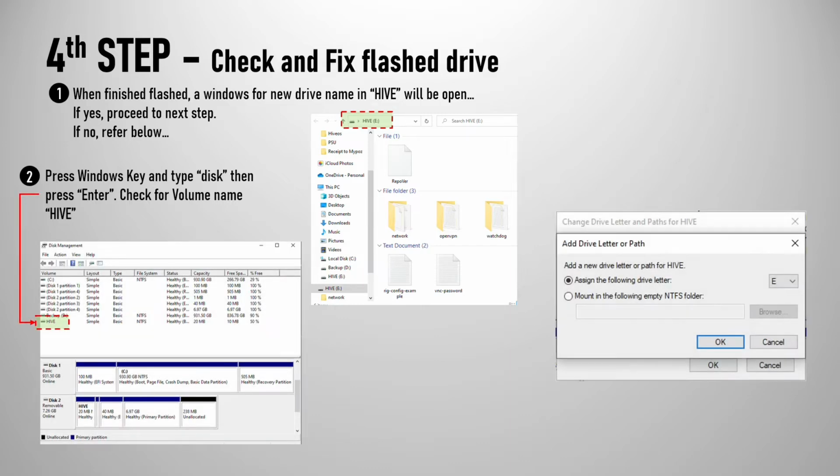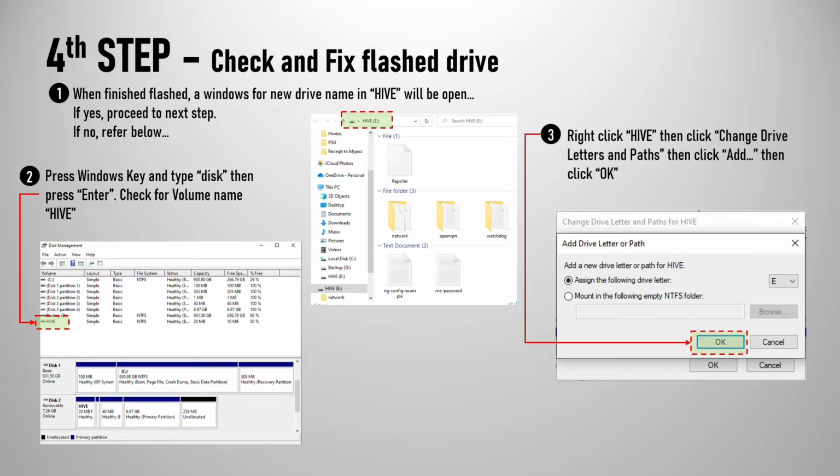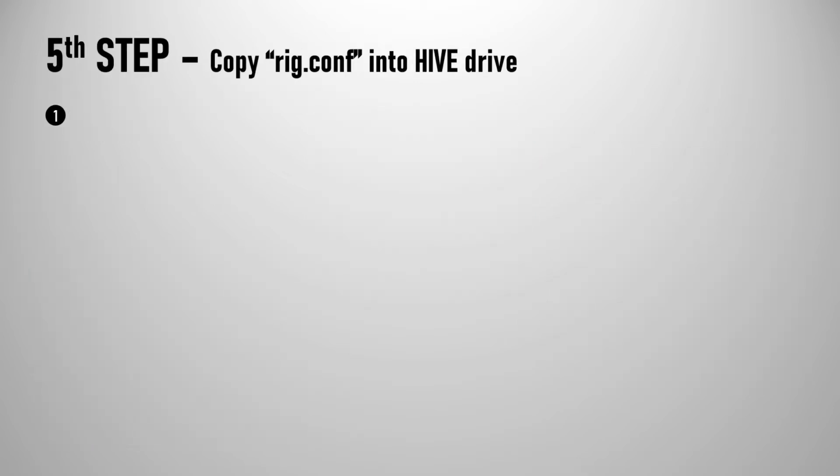Whenever you find the Hive volume, right click it, then click Change Drive Letters and Paths, then click Add, then click OK. Then in this management software you will assign a new path or new drive letter for this Hive drive.